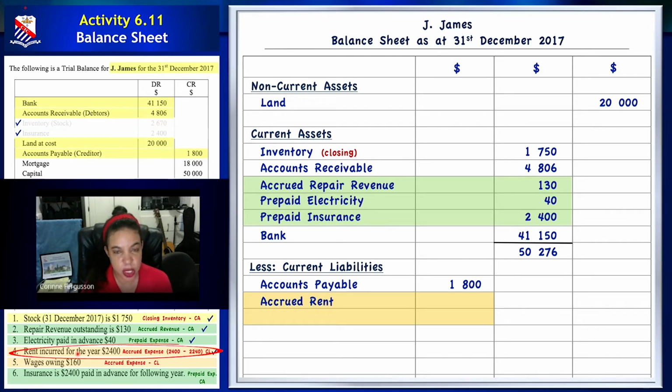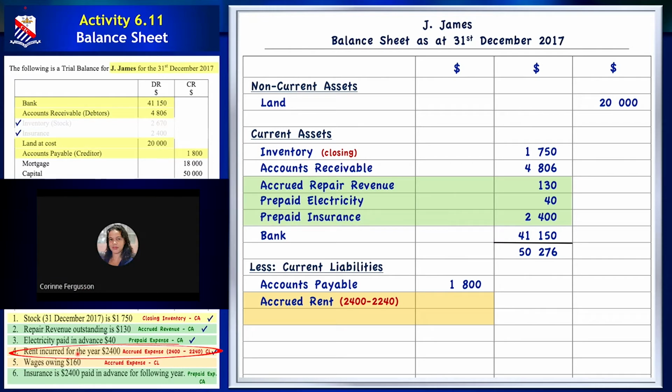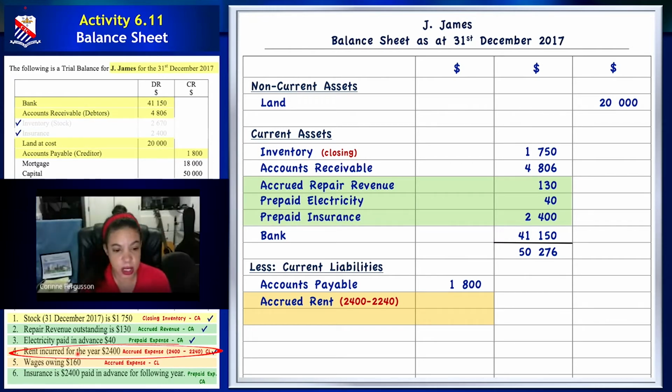Since we had to do some working for that one, we can put the working here just to show how we got to our figure. And the working was the 2,400, which was incurred, less the 2,240, which was the amount in the trial balance that represents the amount that was paid. And therefore, you still have owing of $160. And you just put it in that column there underneath your accounts payable.